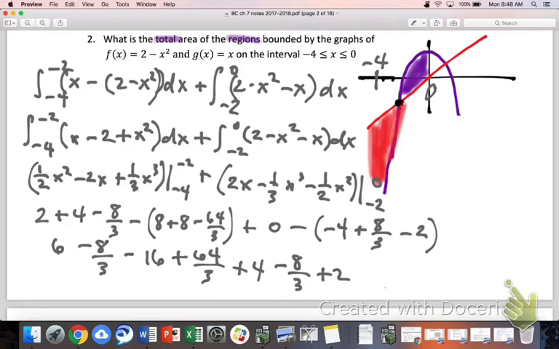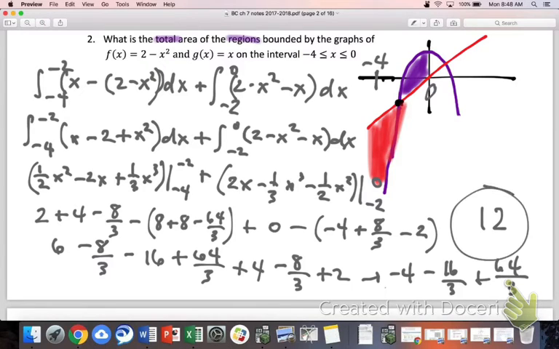Okay, so that's -4. So it'd be -4 minus 16/3 plus 64/3. So let's see here, that would be 48/3, which is 16, plus -4 is 12. And I saw that 12 on a couple of papers.